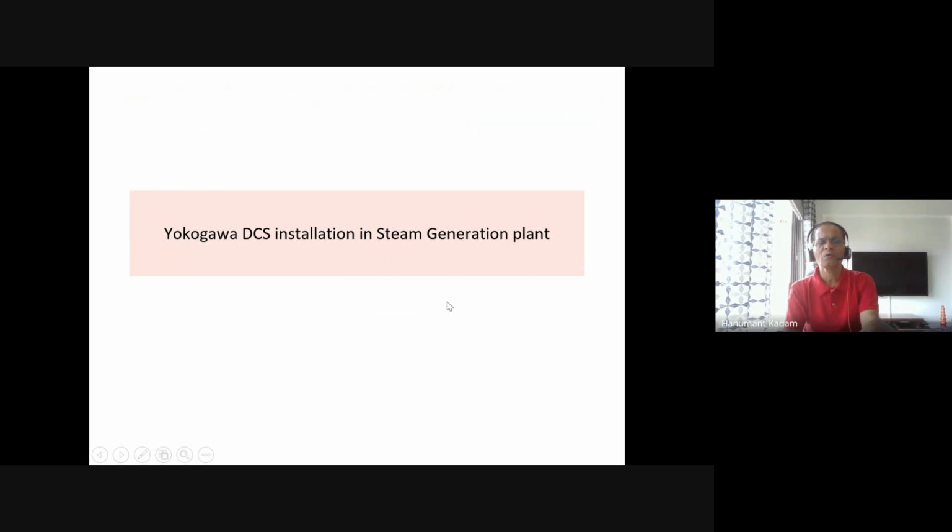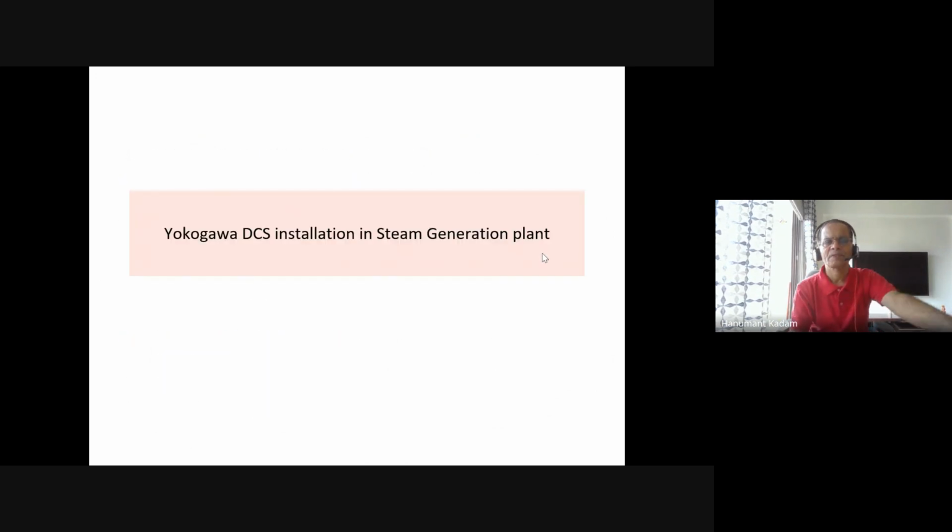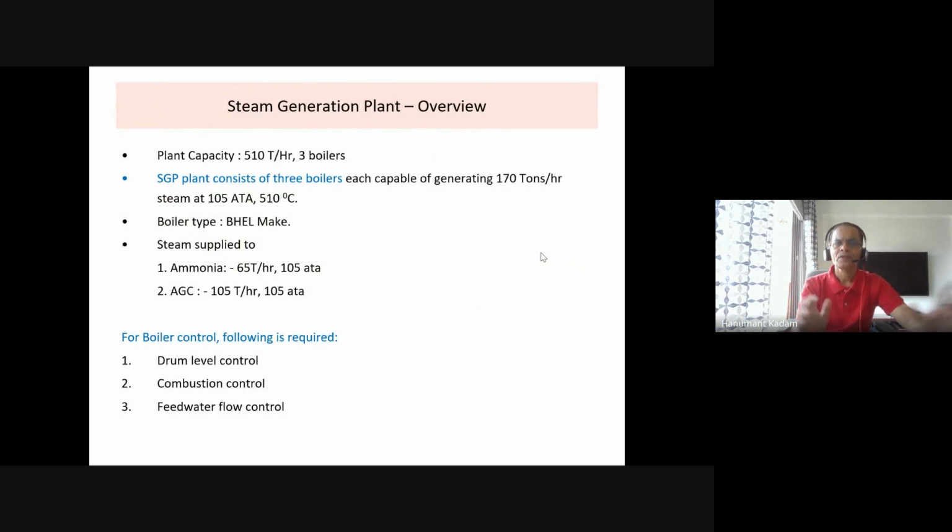So now we will discuss how a system is implemented in the boiler plant. So in short, you can see here what is a boiler. As far as our RCF boilers are concerned, plant capacity is 510 tons per hour with 3 boilers.